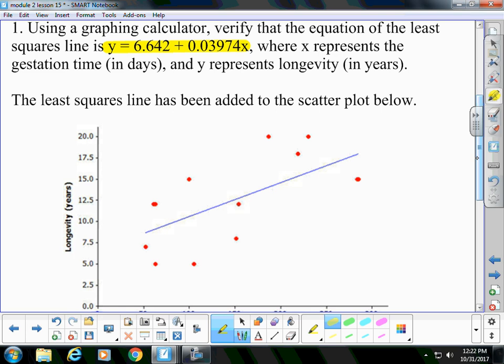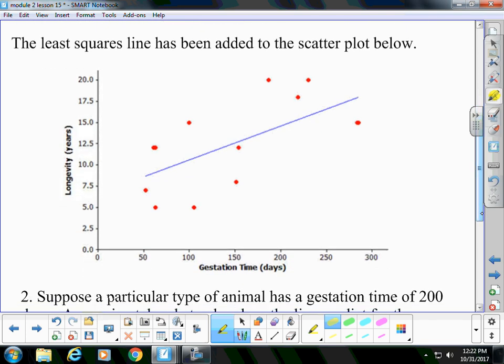Okay, so there's our line again with our scatter plot. X stands for the gestation time and Y represents the longevity.